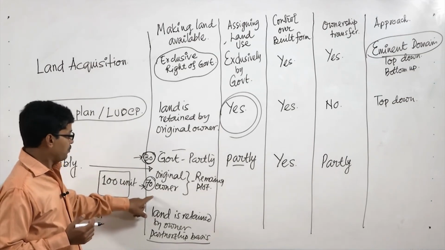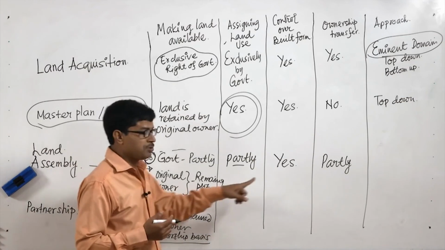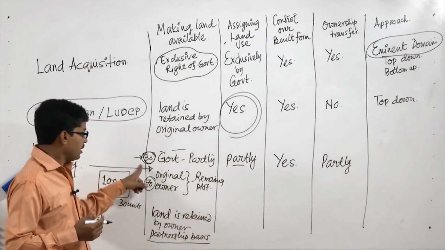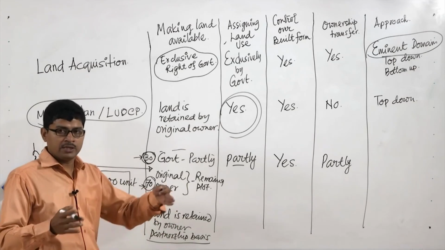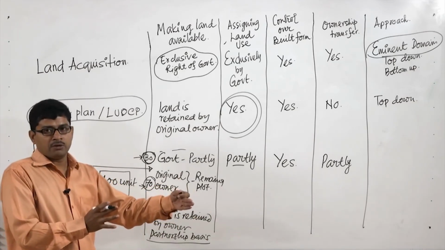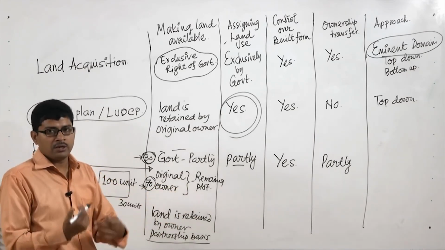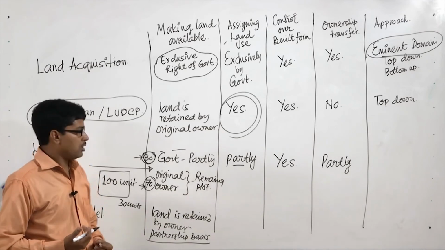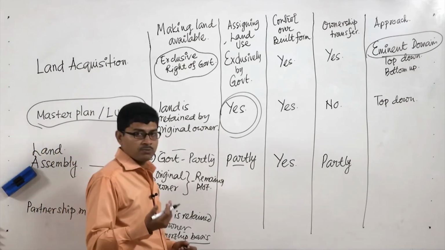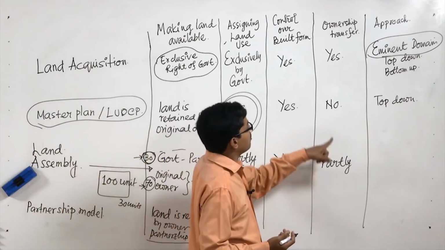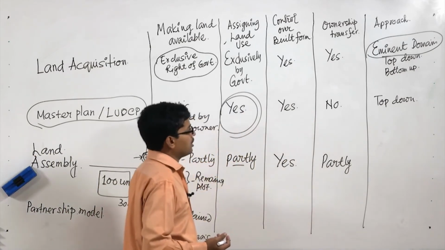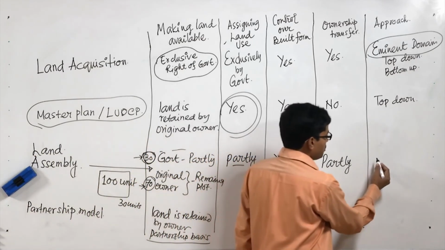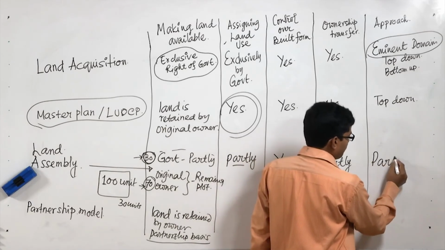For those lands the ownership is not transferred, but for the remaining land, where government is basically laying the infrastructure and keeping some amount of land for the future development or the recovery of the infrastructure cost or for the commercial exploitation, that part is owned by the government. So, that is why it is the partly ownership transfer, and here the approach is very much participatory.